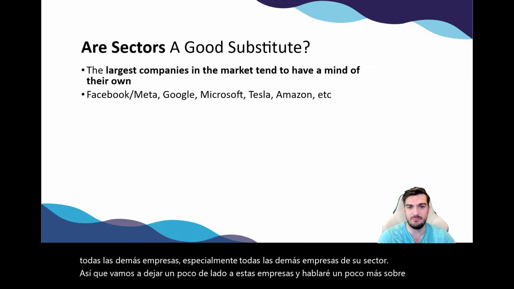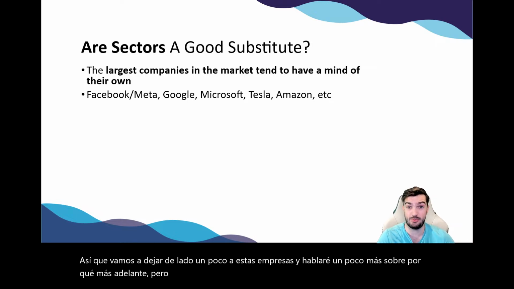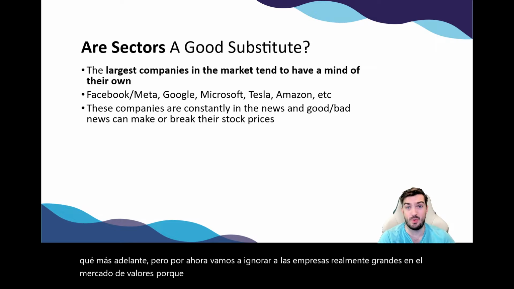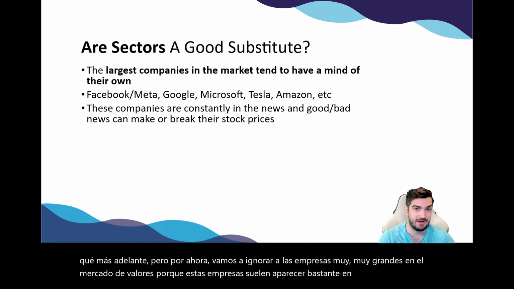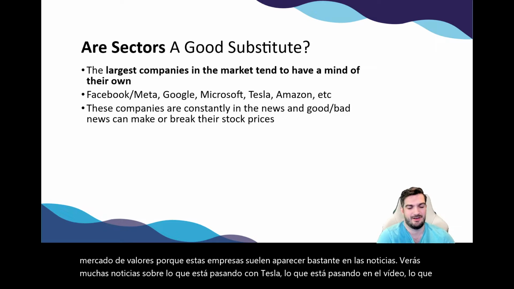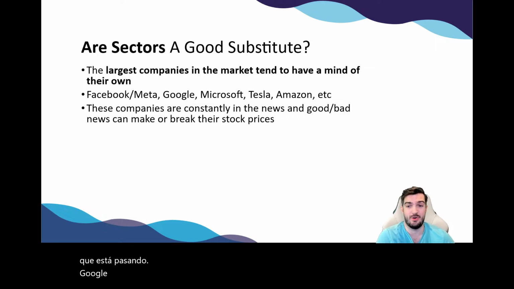But for right now, we're going to ignore the really, really big companies in the stock market because these companies are typically in the news quite a bit. You'll see plenty of news about what's going on with Tesla, what's going on with Nvidia, what's going on with Google. And these different news cycles will make or break their stock price.